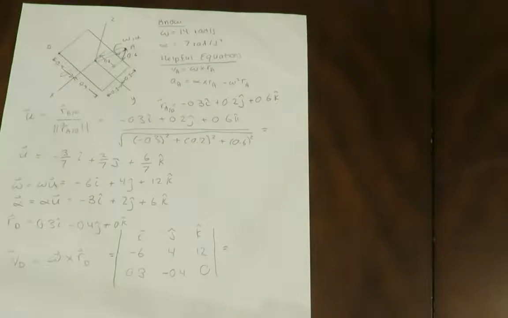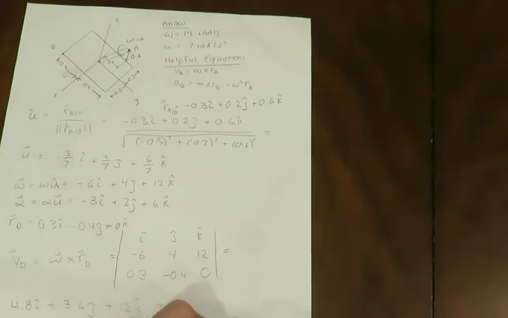When we actually work out this cross product, the answer is 4.8 i hat plus 3.6 j hat plus 12 k hat. And this is our velocity at D, measured in meters per second.